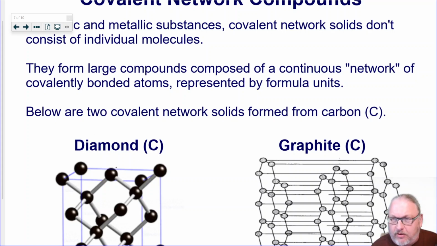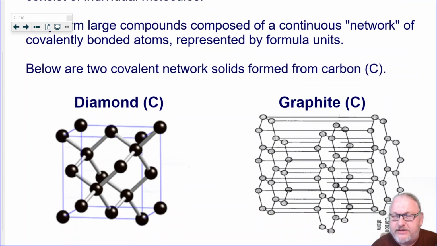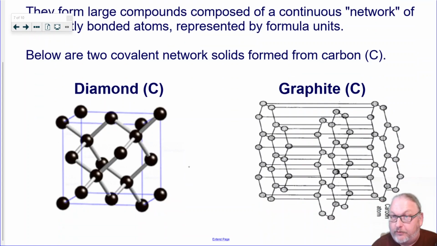So carbon, there's two main types of solid covalent network for carbon, right? One is diamond. If you see there's a carbon atom there, they've got a tetrahedral structure, and each of those carbons will share their electrons with the other one. Now this is graphite, like pencil lead or a dry film lubricant, right?